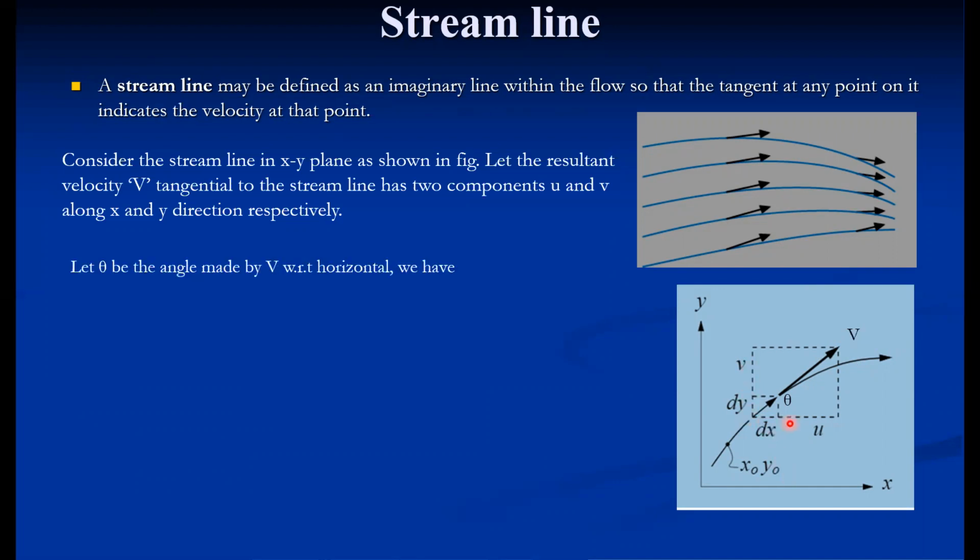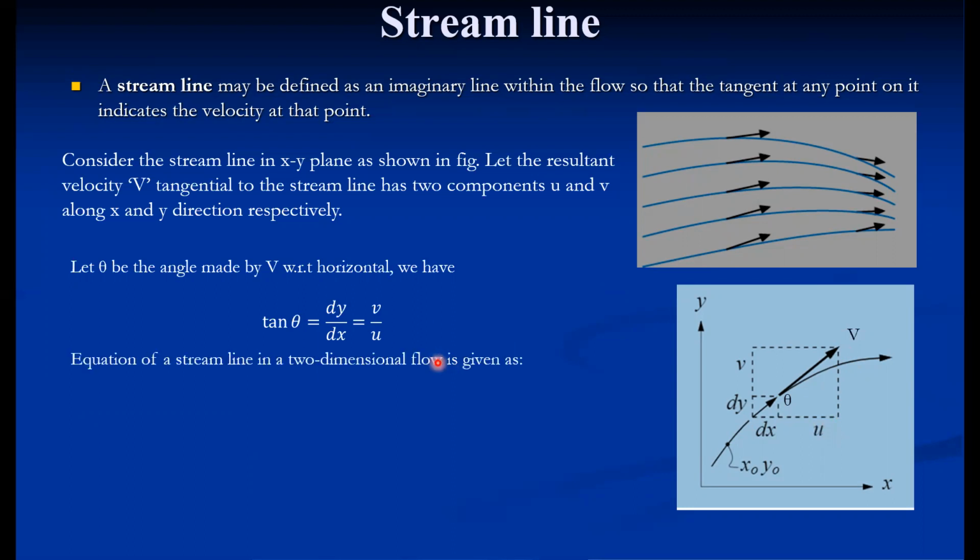Let theta be the angle made by V with respect to the horizontal. Then tan theta is equal to dy upon dx, or the y velocity component upon the x velocity component.